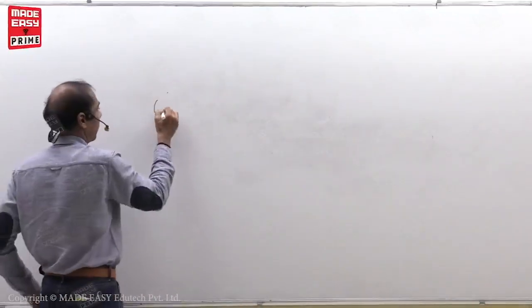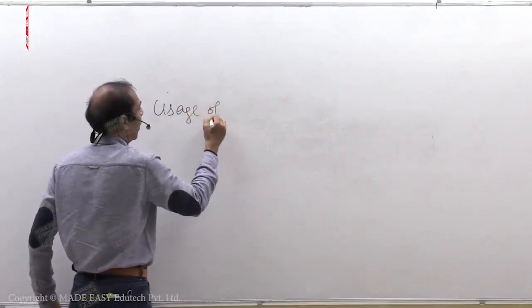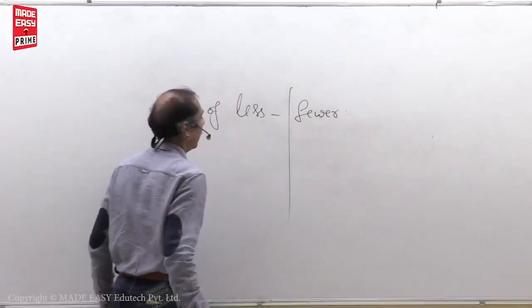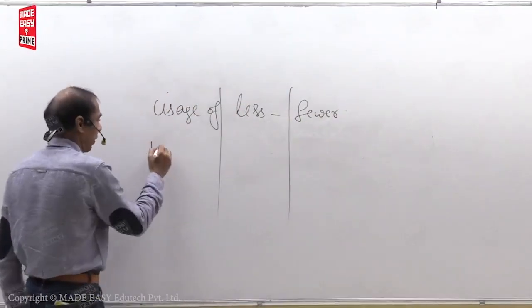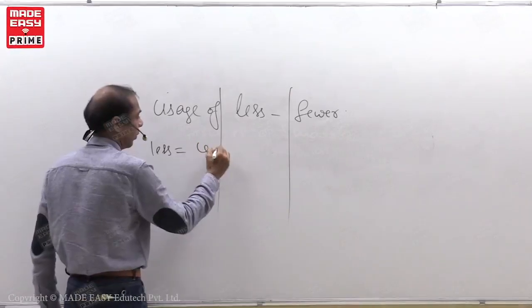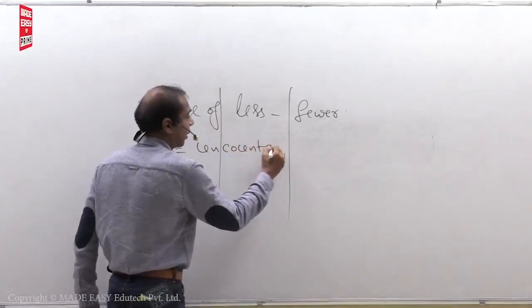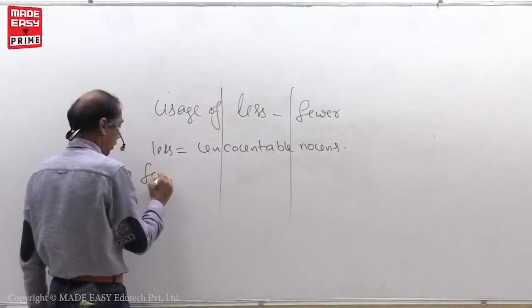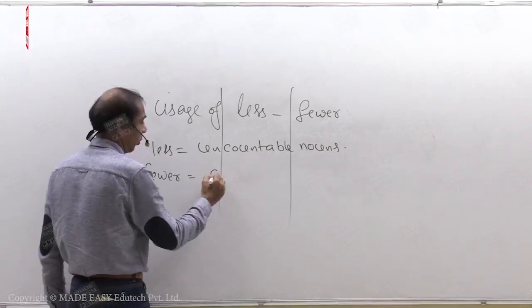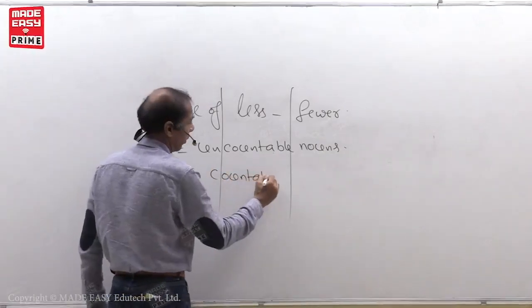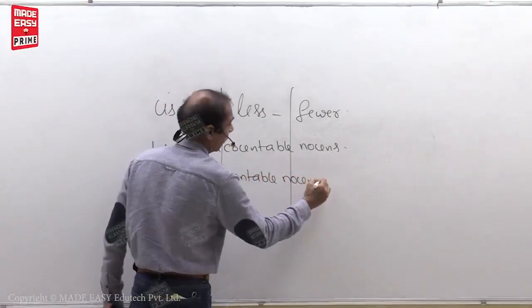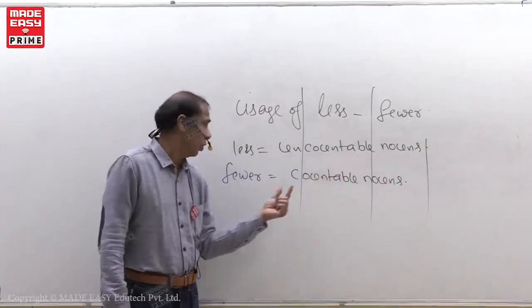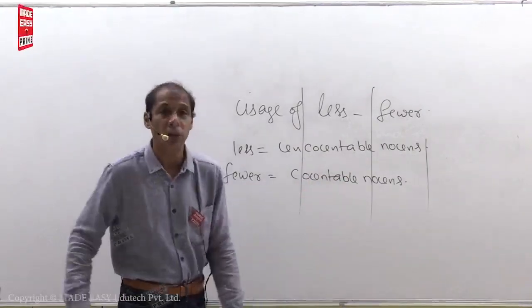See, usage of less, fewer. Less is used with uncountable nouns. Fewer is used with countable nouns.